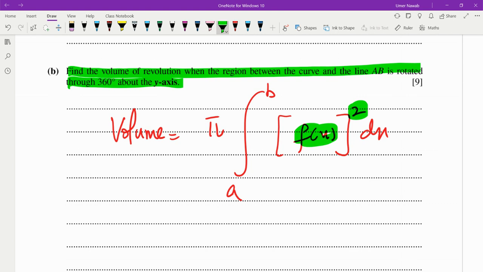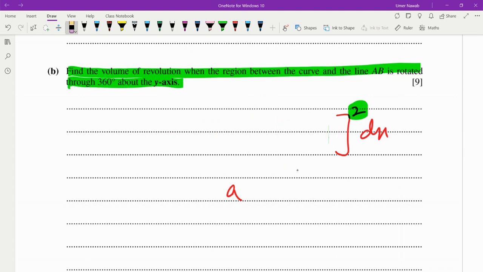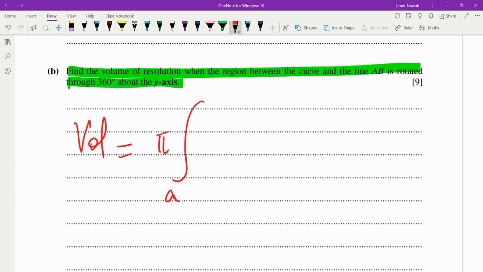But in the case of area, we don't write the square. For the shaded region between two curves, the volume is equal to pi integral from A to B of upper curve squared minus lower curve squared. This is what you have to write in the exam.